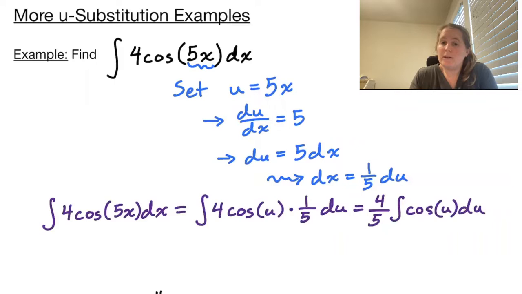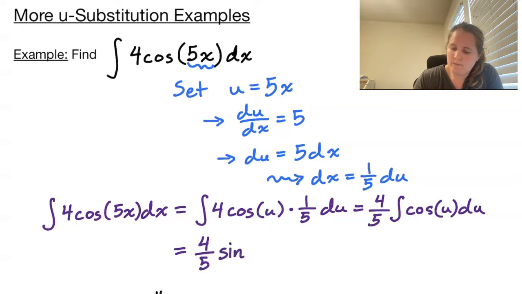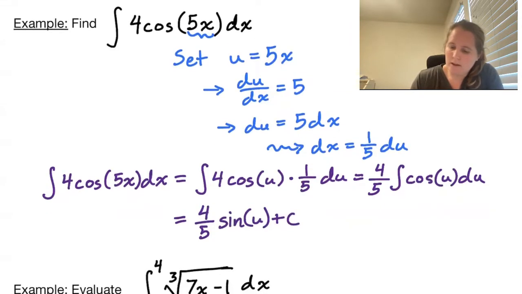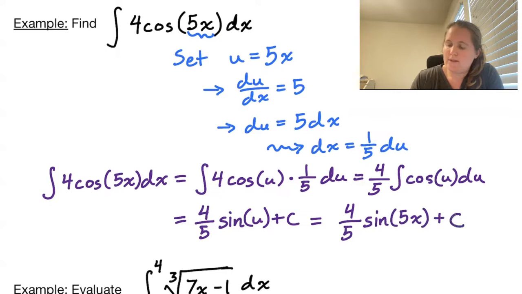Integral of cosine we know, that's just sine. So we have 4/5 sine of u plus c. And plugging back in, this is 4/5 times the sine of 5x plus c.